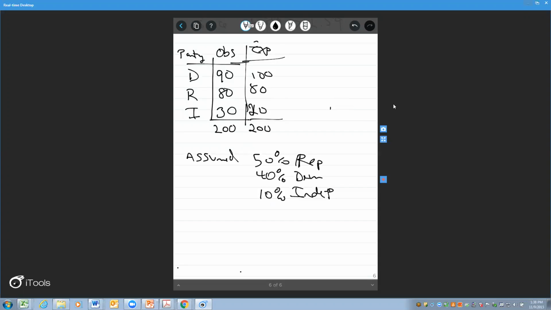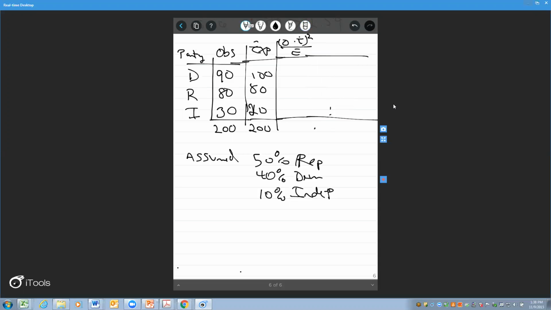Now we're going to go through the same process, and we're going to look at expected value minus observed squared over E. And I actually have enough room on this example that I can show the calculations and the final result.